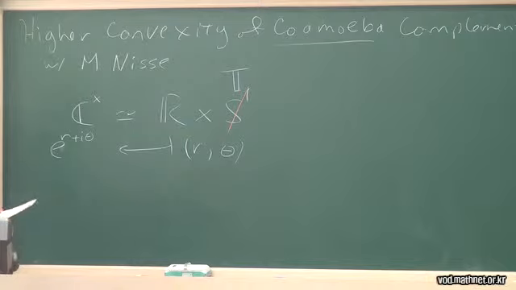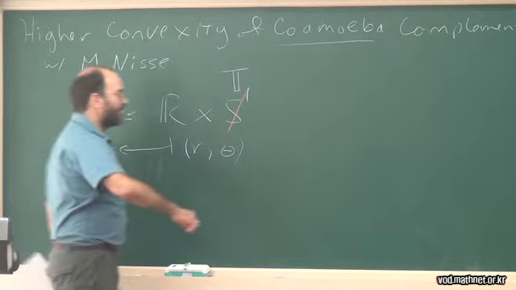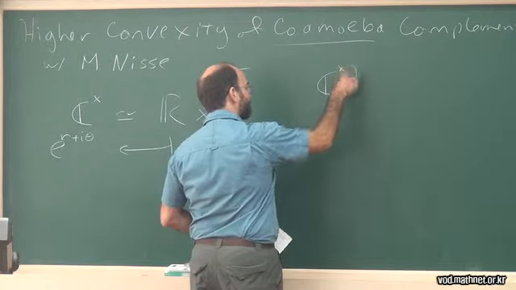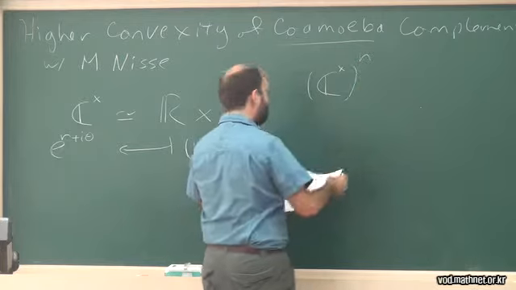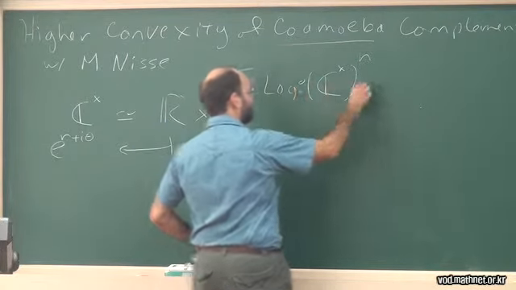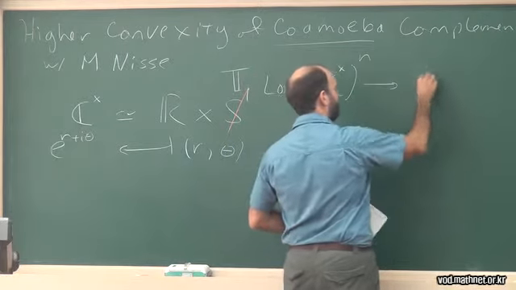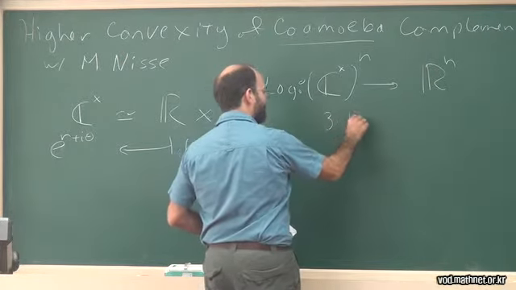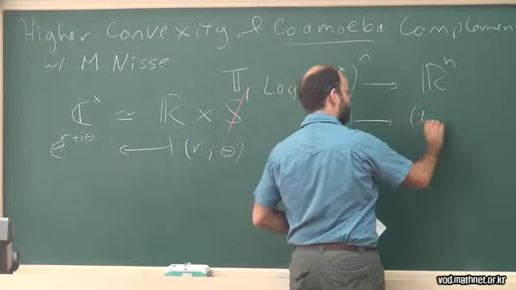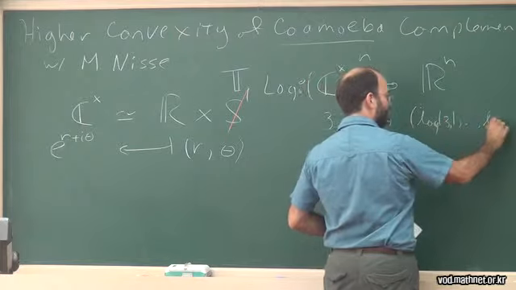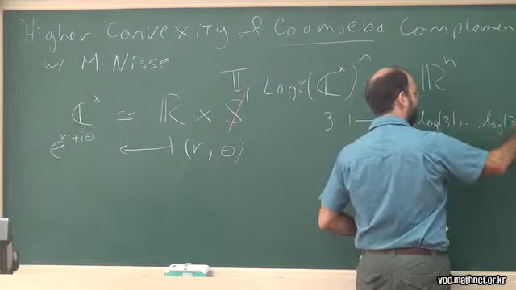Now, because of this map, we get two maps if we take the complex torus. So C star to the n enjoys two maps, one which I'll call log, and this takes this to r to the n. Simply, you take a point z and you map it to log absolute value z1, and so on to log absolute value zn.